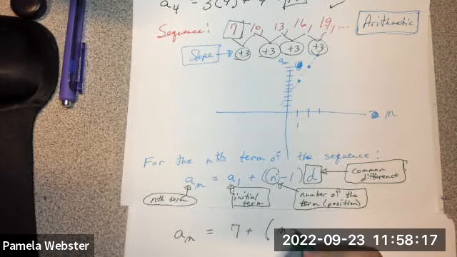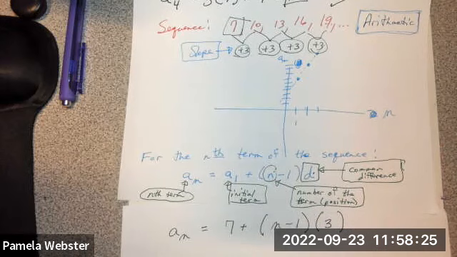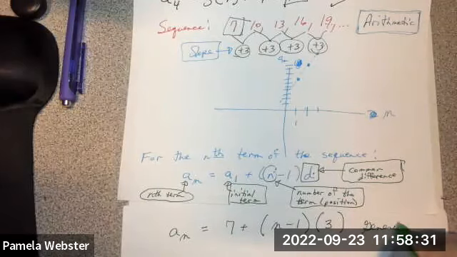So n minus 1 times d, and we said the d was the 3, because the difference is 3 each time. All right, so this is my generic formula for the nth term of the sequence.